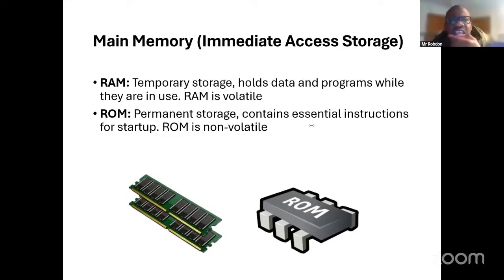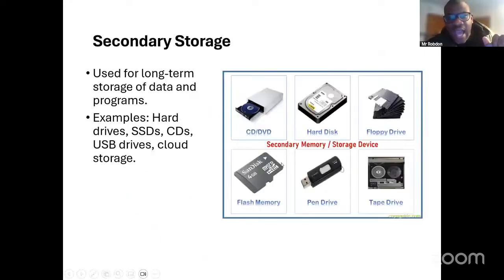Watch those words. ROM is non-volatile in the sense that when you turn off the computer, it still holds the instructions or programs that are on there. All right, I'm going to give you homework, because we need to get these things right.